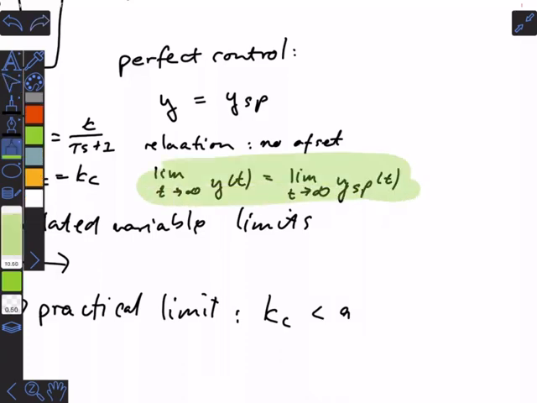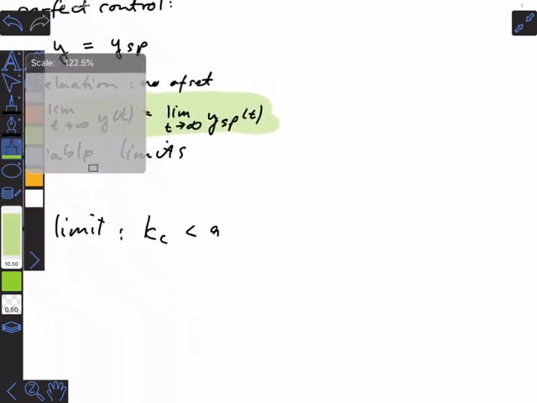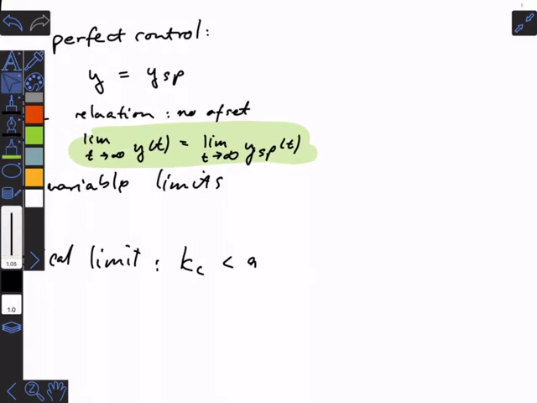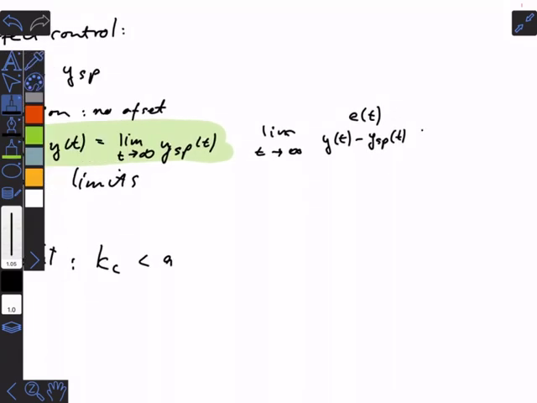See, when you look at this, the nice math version of this is the limit as t goes to infinity of y(t) minus ysp(t), aka e(t), goes to 0, or is equal to 0.